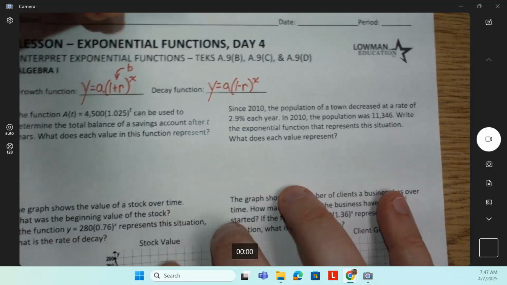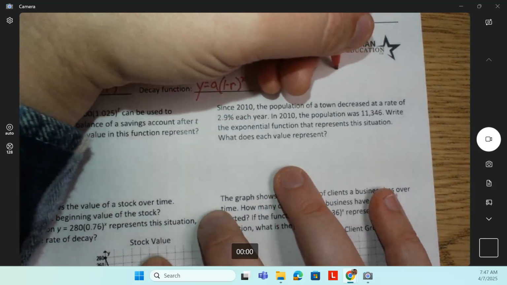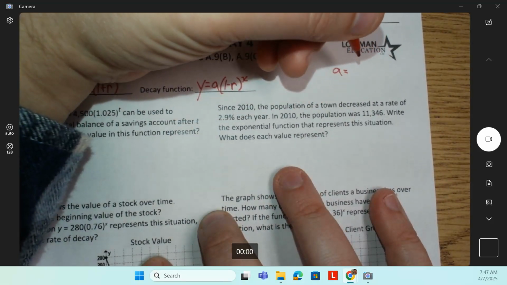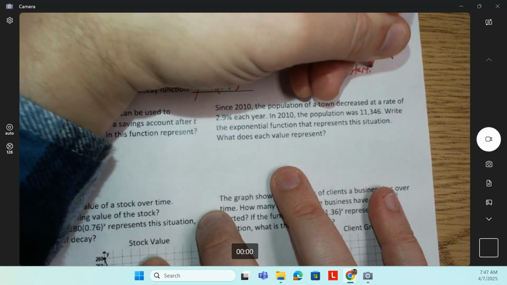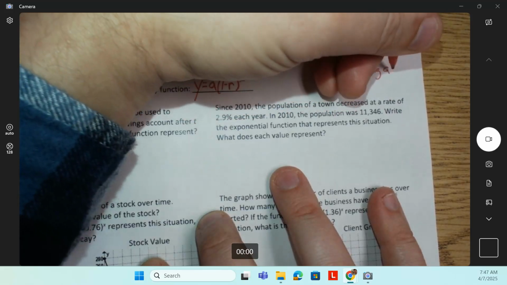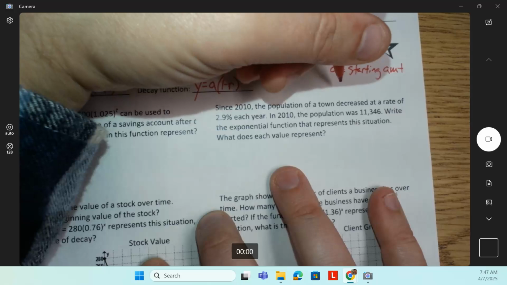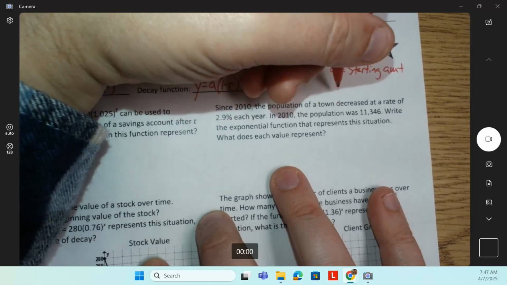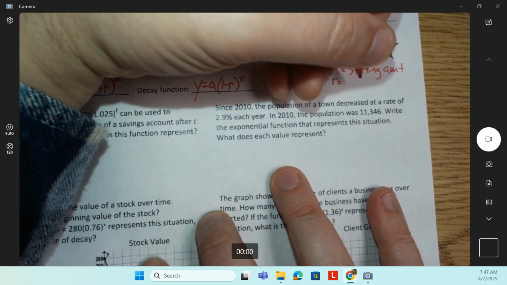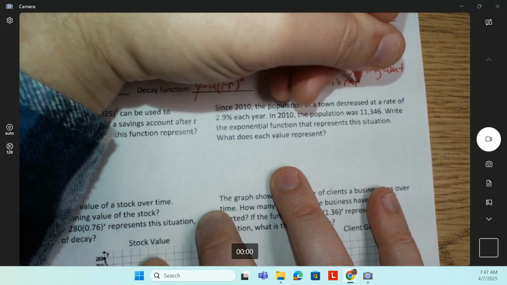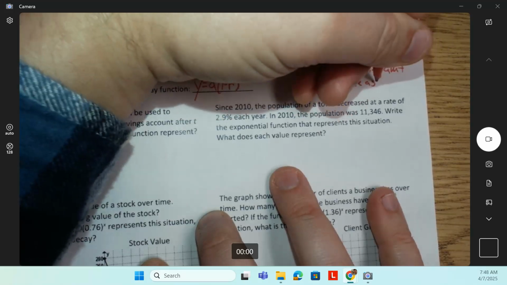So A is going to be our starting amount. R is going to be our rate as a decimal.